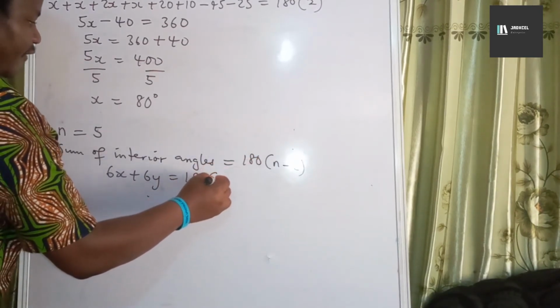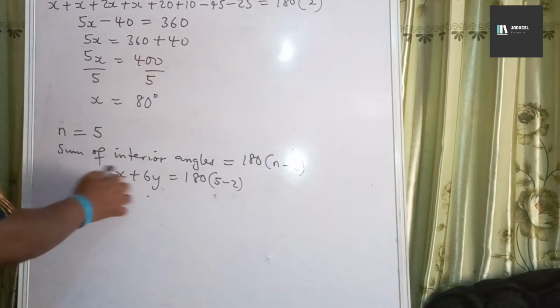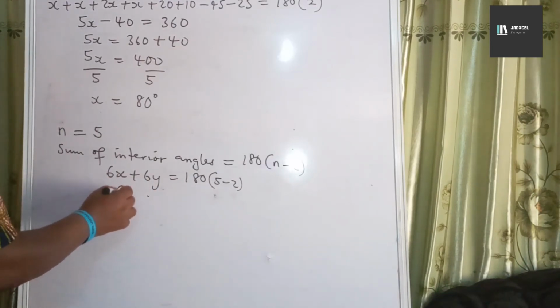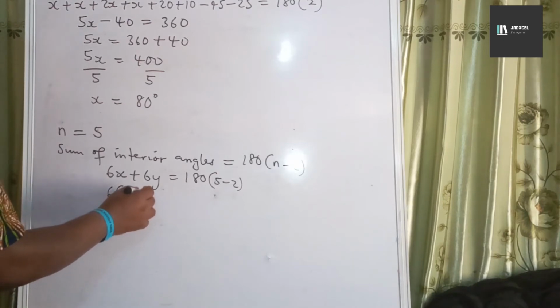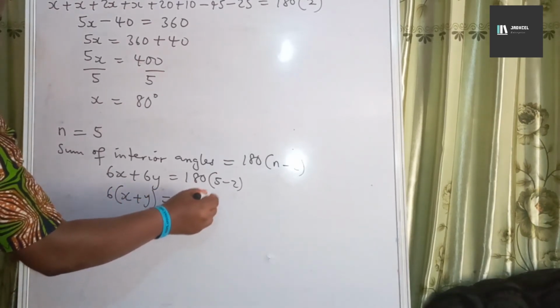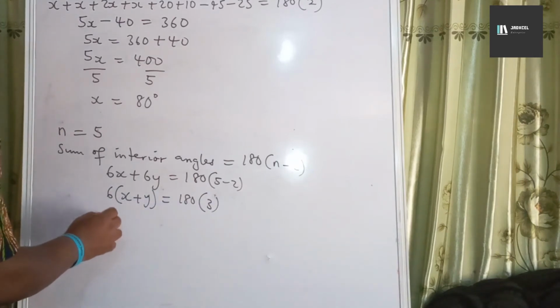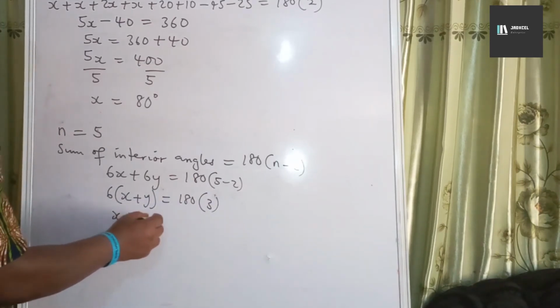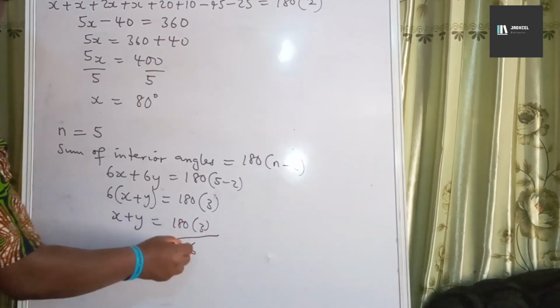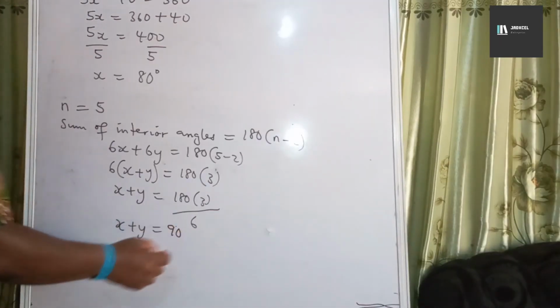We can factorize 6 out here. 6 is common to both, so we have 6(x plus y) equals 180 into 3. So we have x plus y equals 180 into 3 divided by 6. So our x plus y equals: 180 divided by 6 is 30, 30 times 3 is 90.